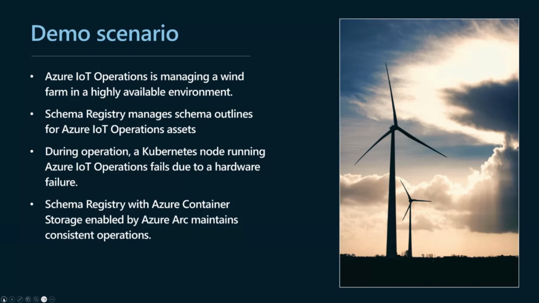During the operation, we will shut down one of the Kubernetes nodes in our 3-node cluster. I'll show the redundancy here, and Schema Registry will be able to continue to provide service in the case of that node failure.